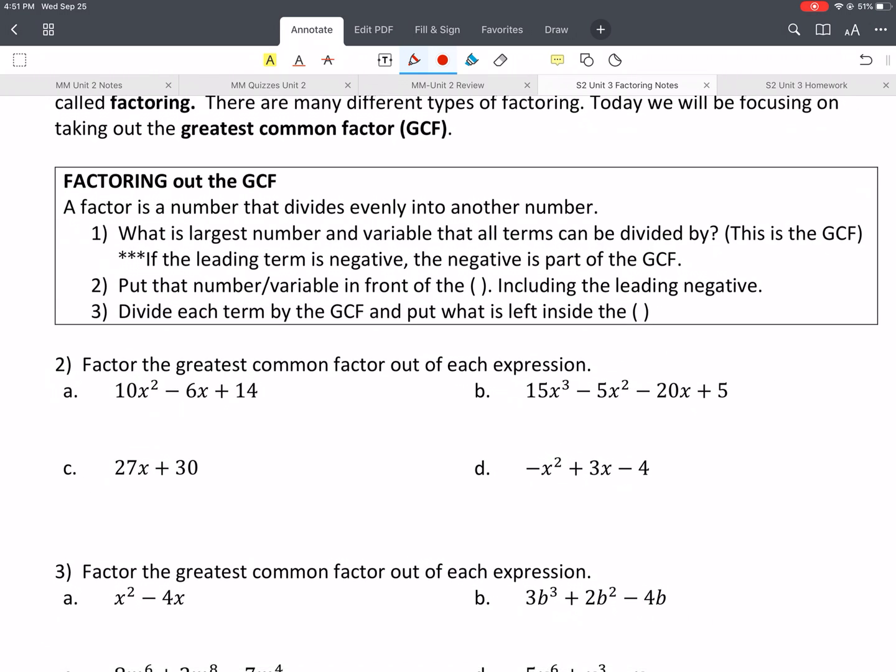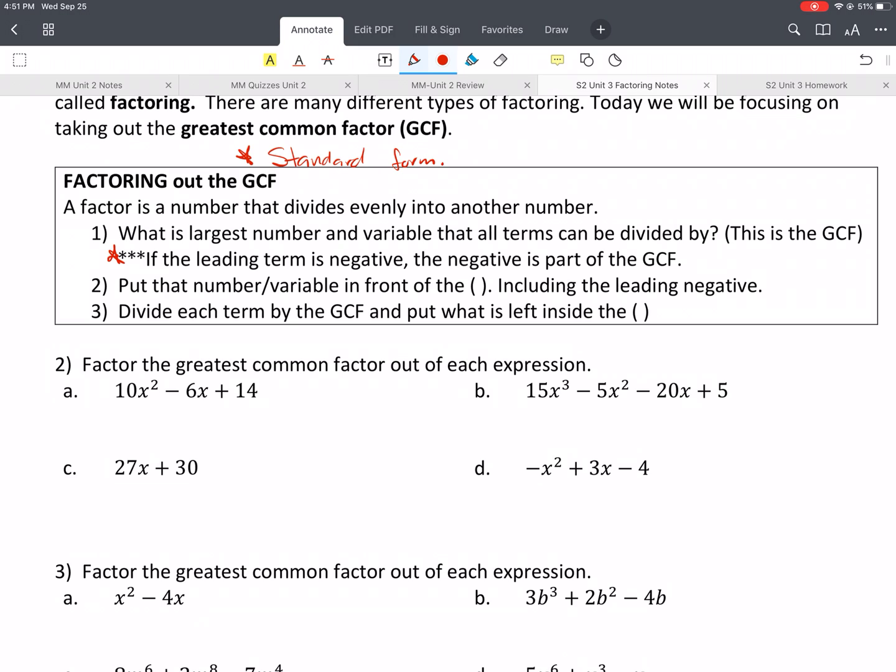All right, one thing that we need to remember is that if the leading term is negative, then the negative is part of the greatest common factor, the GCF. Okay. Another thing that I should probably put maybe in front of factoring out the GCF is we need to make sure everything is in standard form, meaning that we have the highest exponents first.